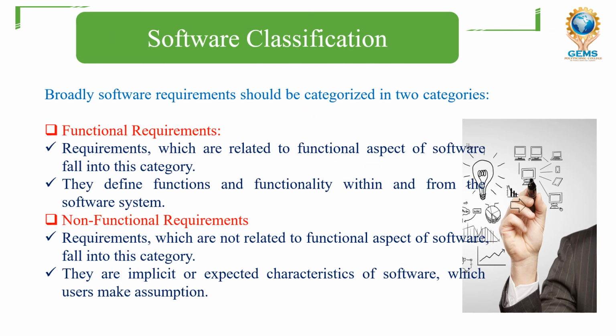Now, software classification. We have two categories under which software requirements are classified broadly: functional requirement and non-functional requirement. Functional requirement means requirements which are related to the functional aspect of software fall in this category.